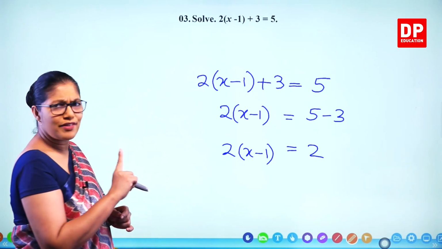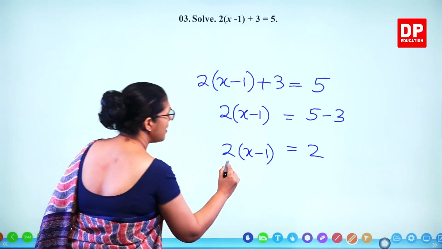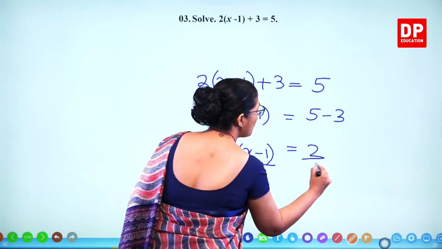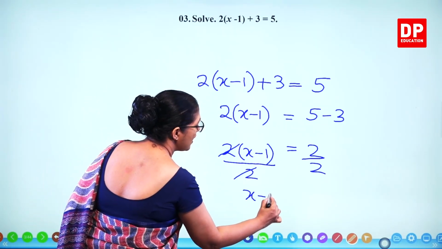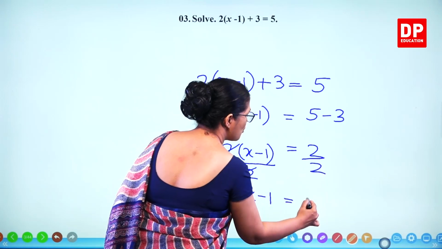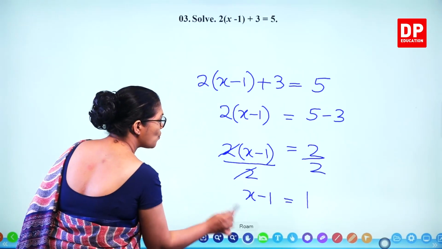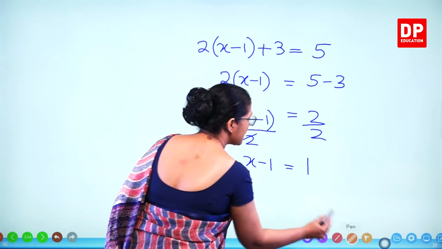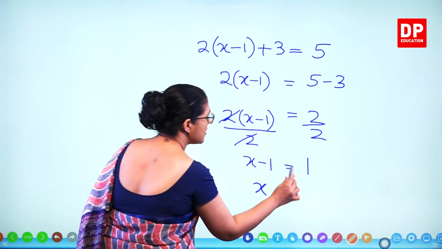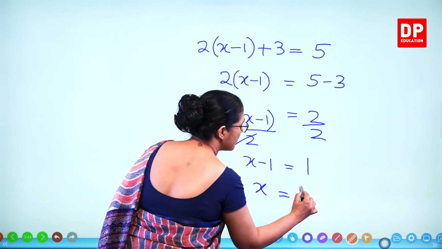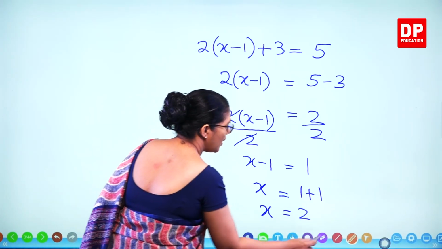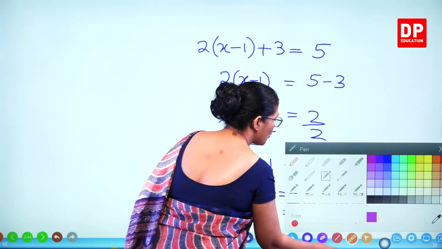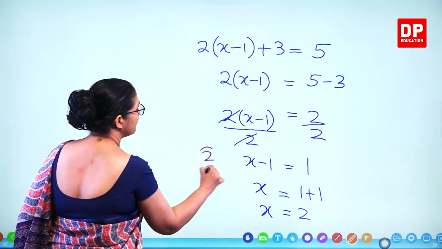Now we can get rid of this 2 without expanding brackets. So we'll divide both sides by 2. These 2 get cancelled out. So you get x minus 1 is equal to 2 divided by 2 is 1. Then what's x? X is 1 plus 1. That's 2. X equals 2. So you get 2 marks.